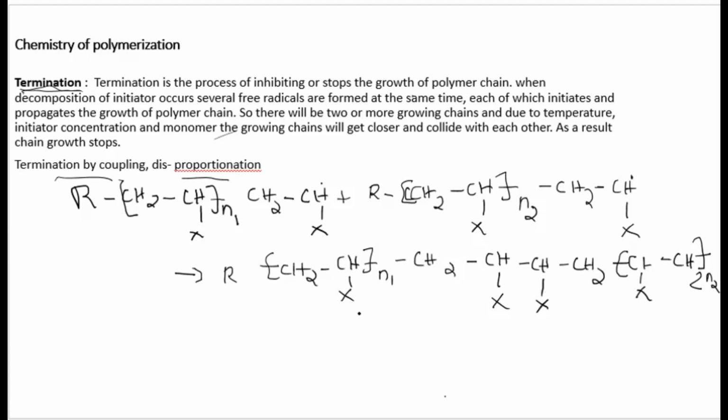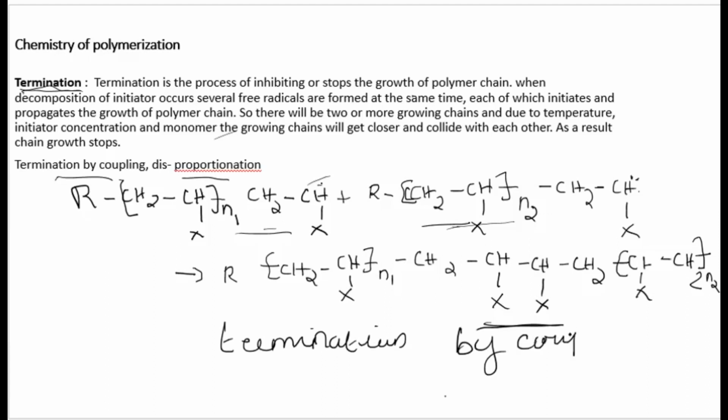Here we can see this is the first growing chain with a radical site. This is the second growing chain with a radical site. What happens when they collide together? These two growing chains contain radical sites, so when they react together, this lone electron and this lone electron couple with each other and get stabilized like this. So the chain growth will arrest. This is termination by coupling.